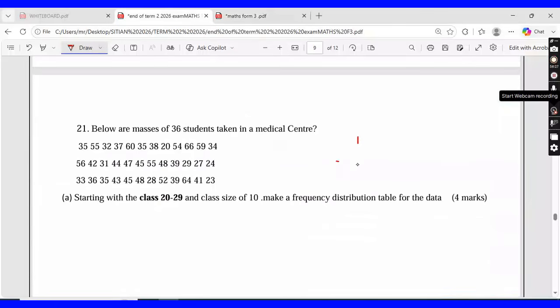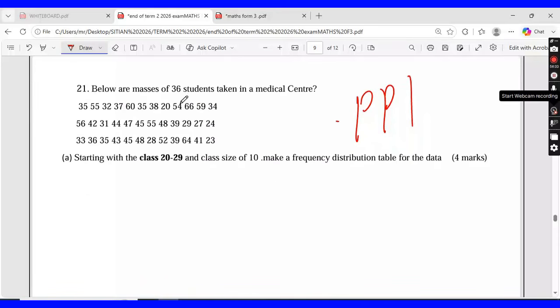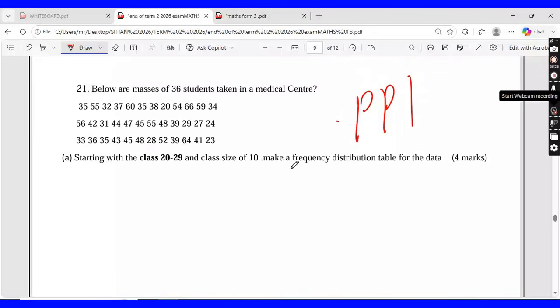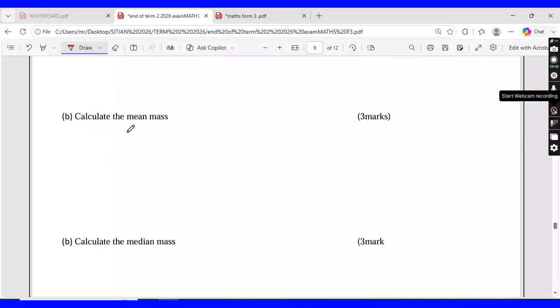So this is paper 1. That is from statistics, paper 1. So you can also use this data, make a frequency distribution table. The class you start with is 20 to 29. Then be able to calculate the mean mass, calculate the median mass.